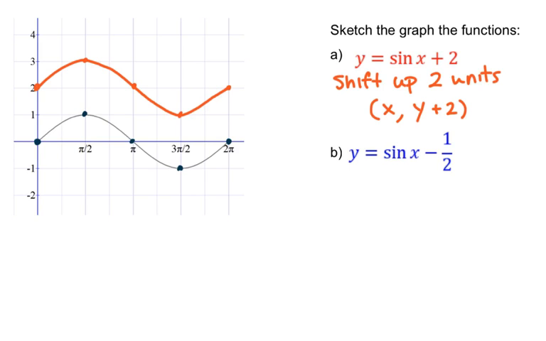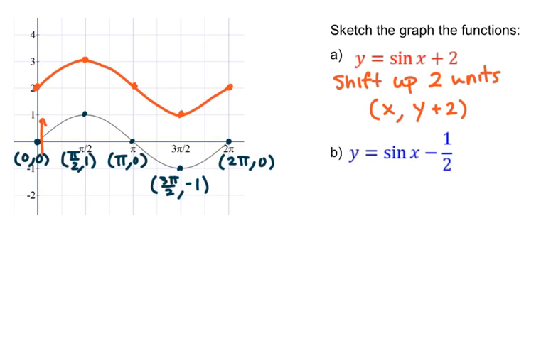And you want to make sure you're listing those points. So I'm not going to do this for both examples, but I'll do it on this first example. Remember, we know our key points: 0, 0; pi over 2, 1; pi, 0; 3 pi over 2, negative 1; and 2 pi, 0. So those were my given 5 key points. And what happens to them is all of these y values, I'm going to add 2 to them.